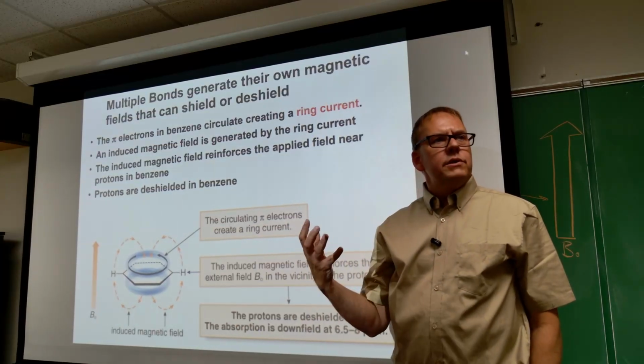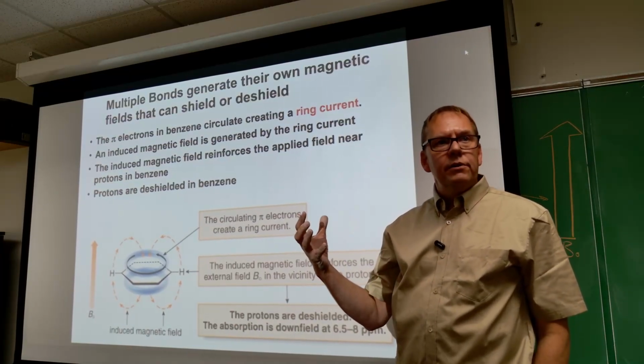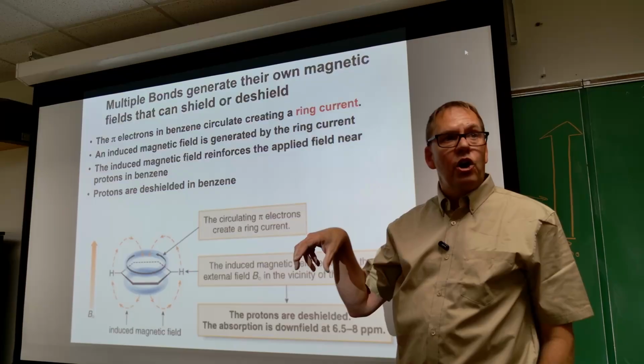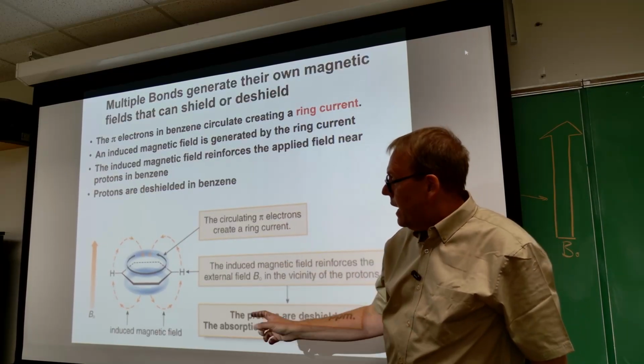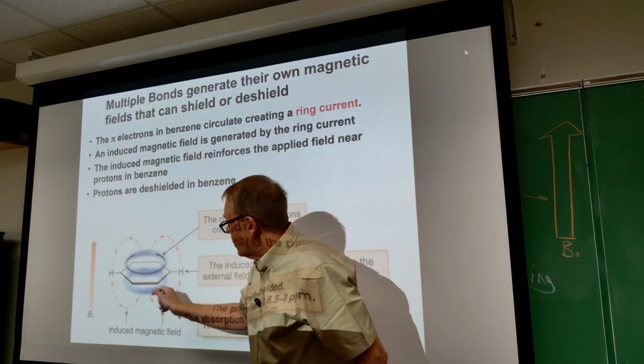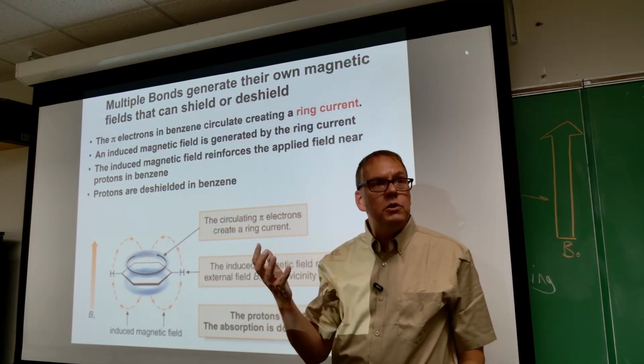So these two donuts of electron density in a magnetic field exhibit a circular current, and that generates its own magnetic field. These yellow arrows are showing the direction that the induced magnetic field points.